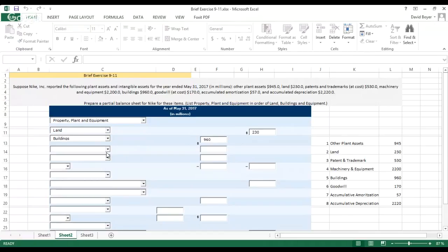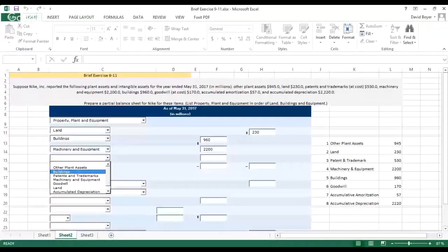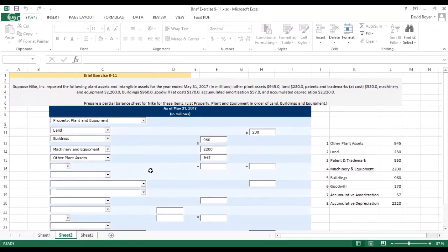Then we will put in our machinery and equipment, and this goes for 2,200. And to finalize, we're going to put in other plant assets, and this is 945.